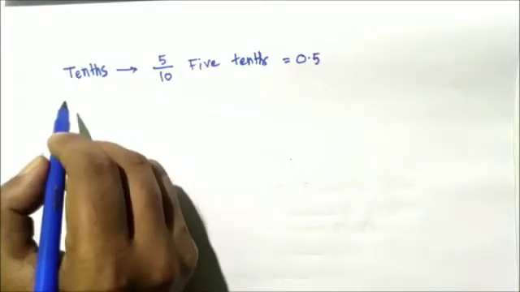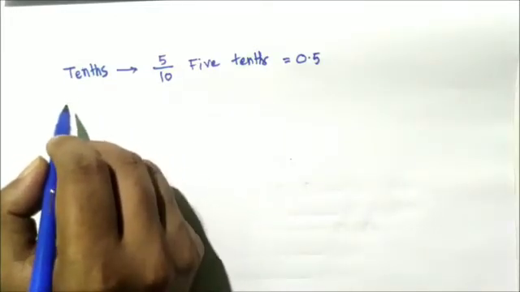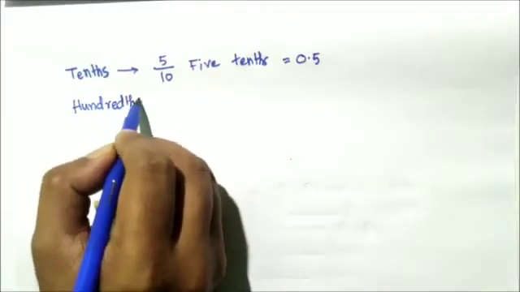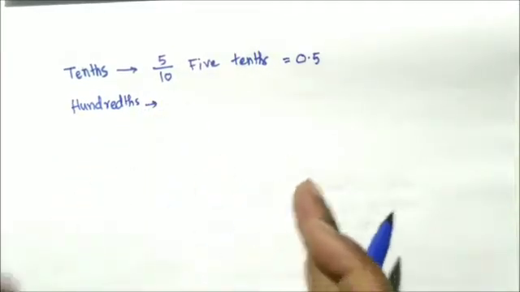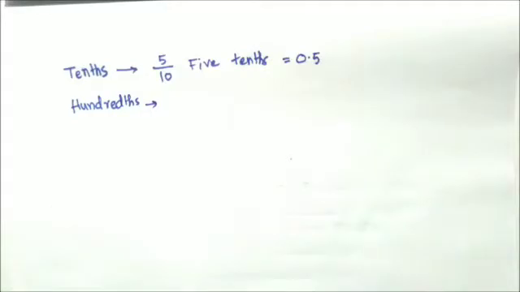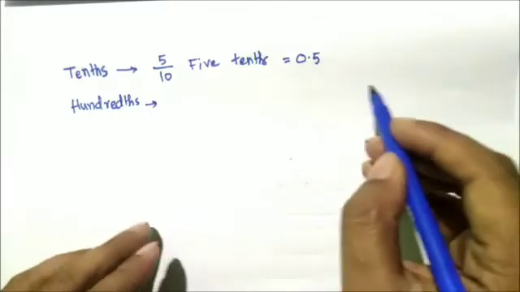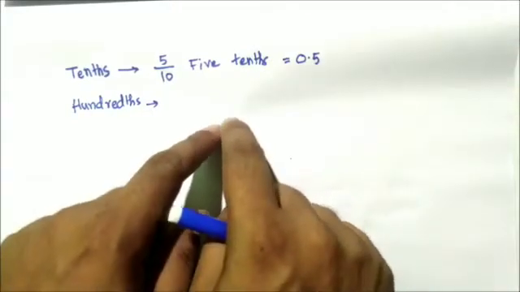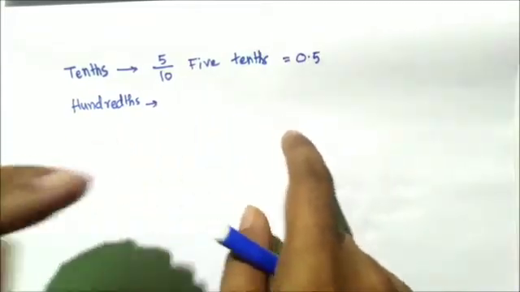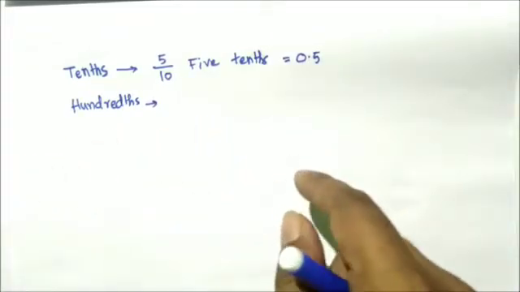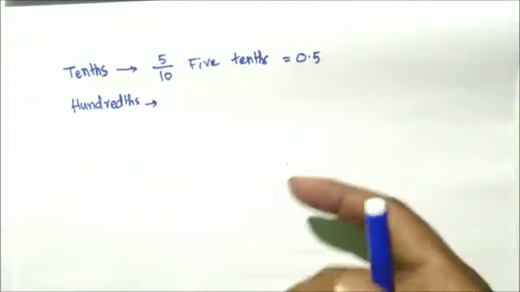Similarly, we already have learned about the hundredths, right? In the case of hundredths, suppose you have 100 small boxes. Okay, small boxes, you can remember. If you open your book, then also you can identify what I want to talk about.